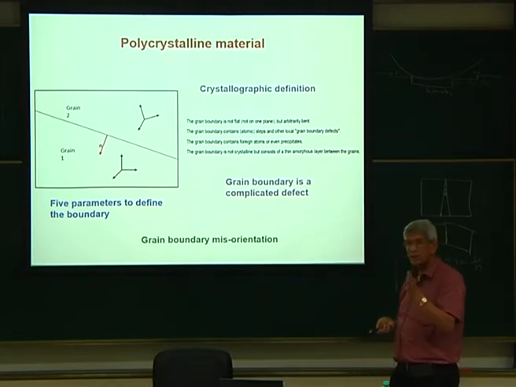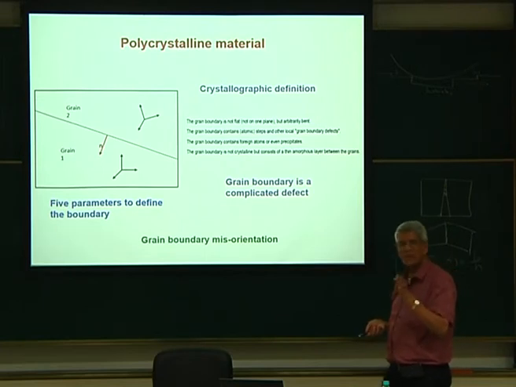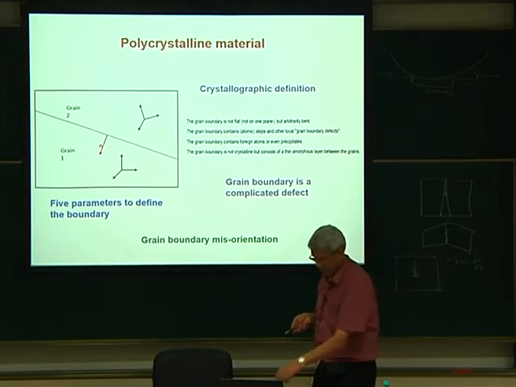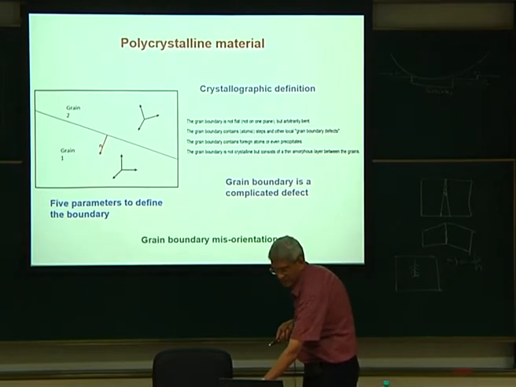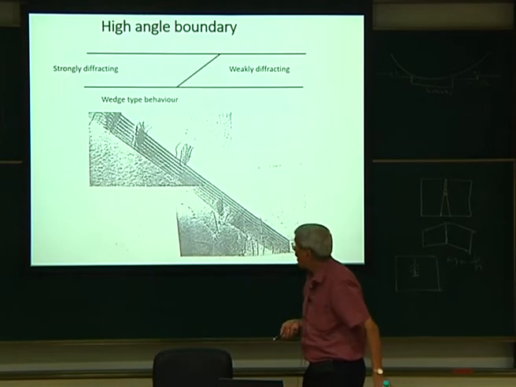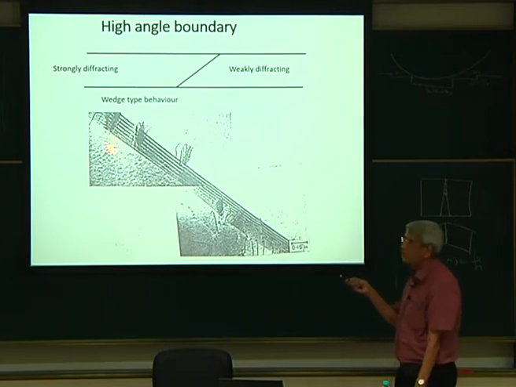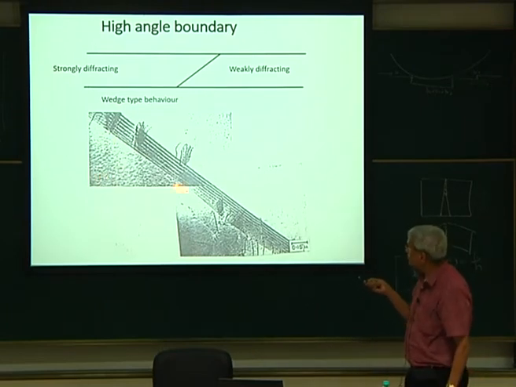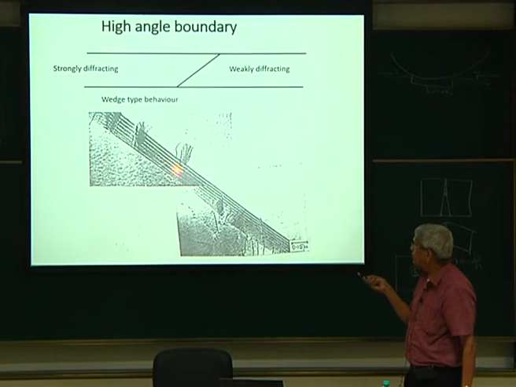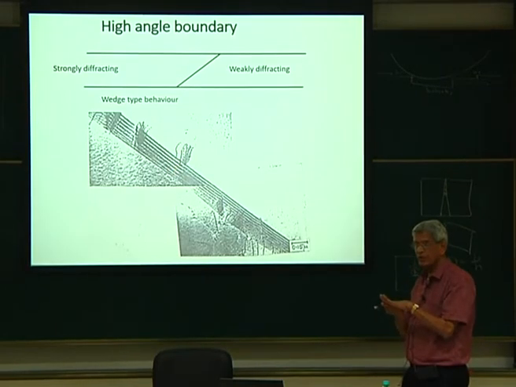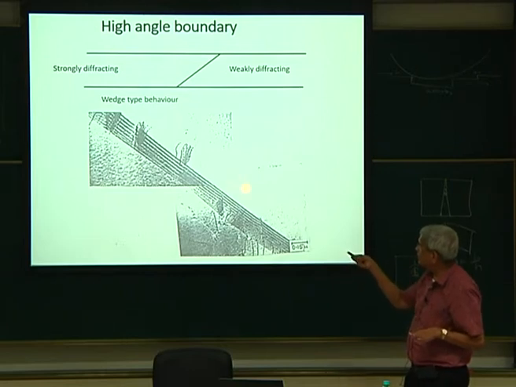Generally, a grain boundary is a very complicated defect. It's not that easy to characterize, and even to model a boundary is really tough. In some simple cases, such as this particular case, one side of the grain boundary satisfies a 2 beam condition, while the other side of the boundary does not satisfy a 2 beam condition.